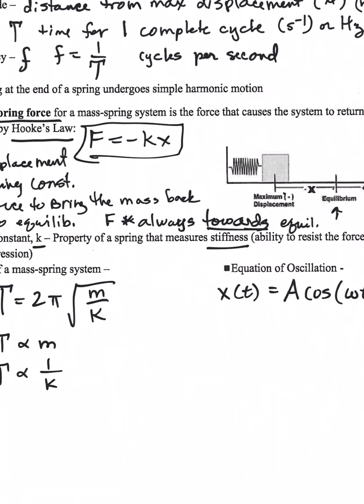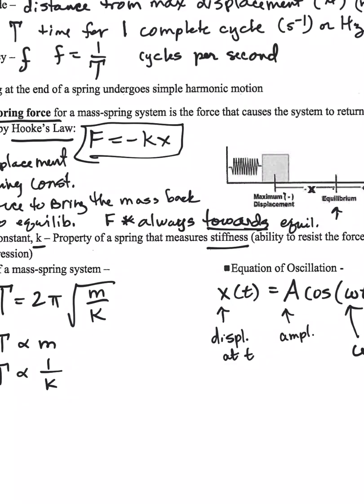Now, this right here is our displacement at time t. This is our amplitude. And this right here, omega, has to do with the period.